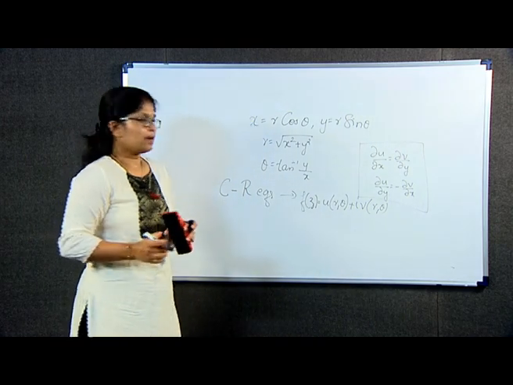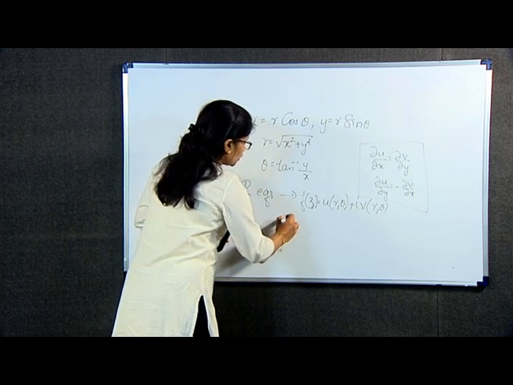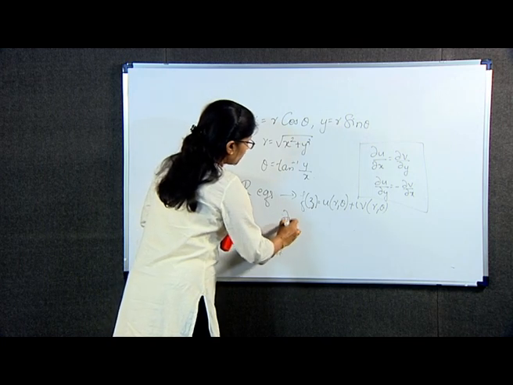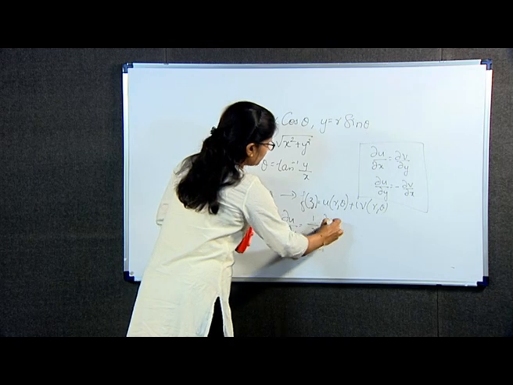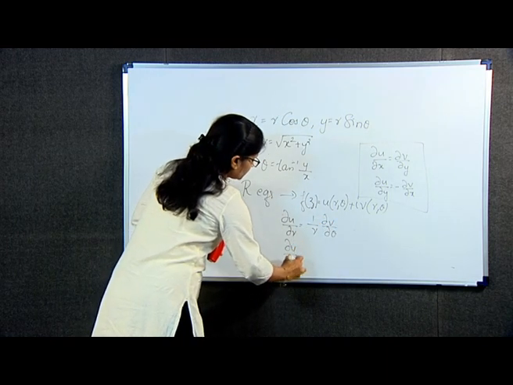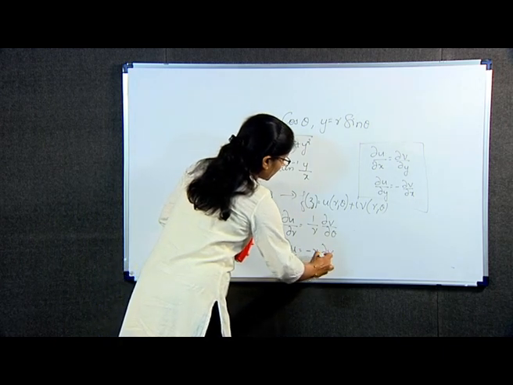Here the corresponding equations are ∂u/∂r is equal to 1 by r ∂v/∂theta, and ∂u/∂theta is equal to −r ∂v/∂r.